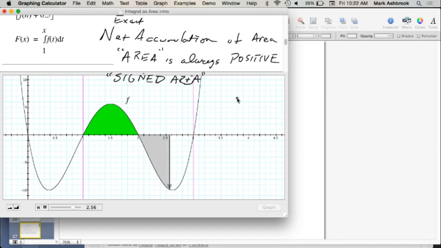Predict that it's less than 0, right? So signed area can be positive or negative, depending on which accumulation won out. Did the accumulation above the axis win out, or is the accumulation below the axis winning out? That will determine whether signed area is currently positive or negative.